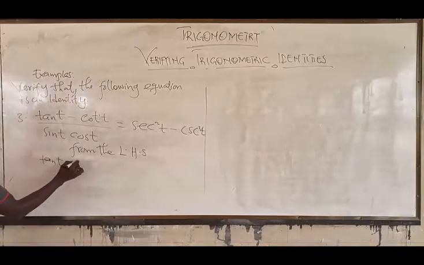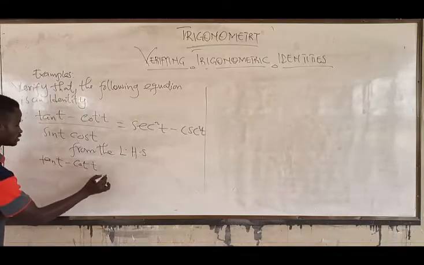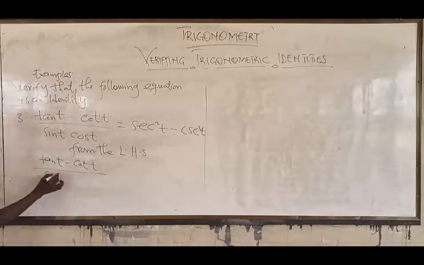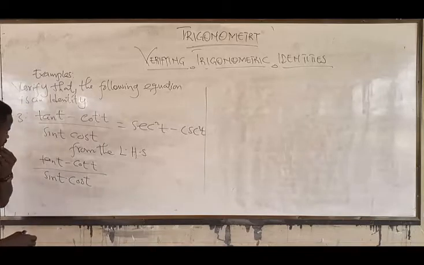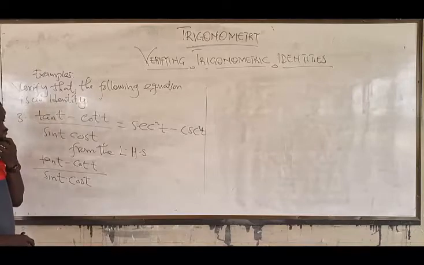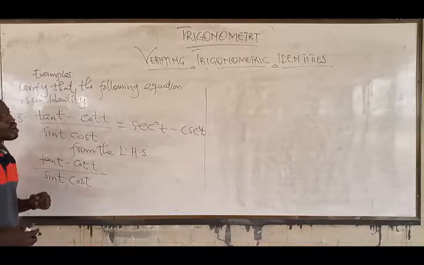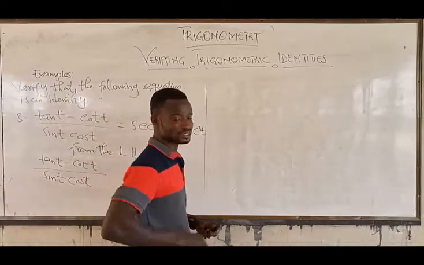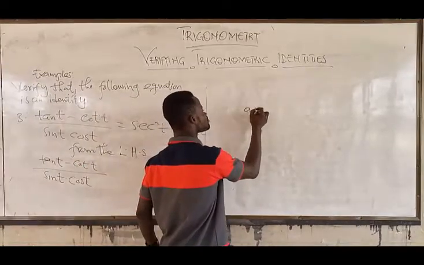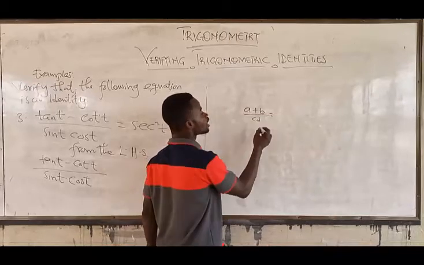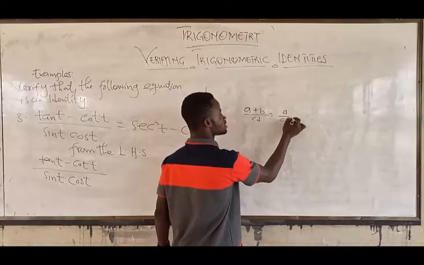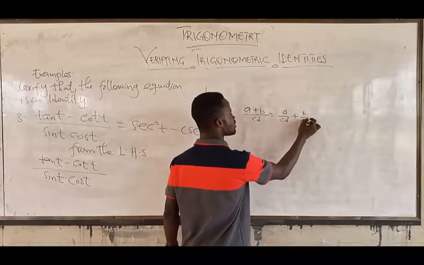Tan T minus cot T over sin T times cos T. Very good. So, I hope you haven't forgotten it. Know that A plus B over CD can be A over CD plus B over CD.